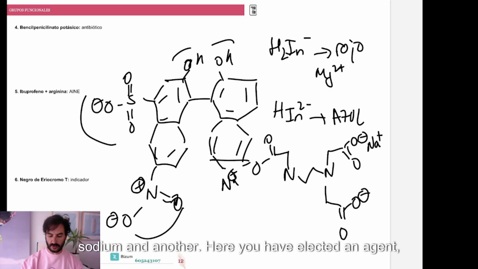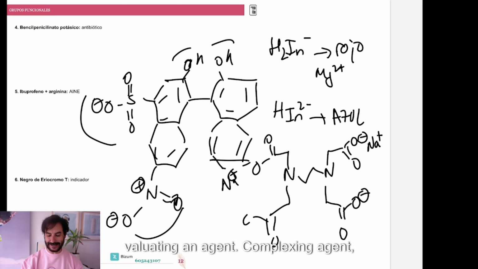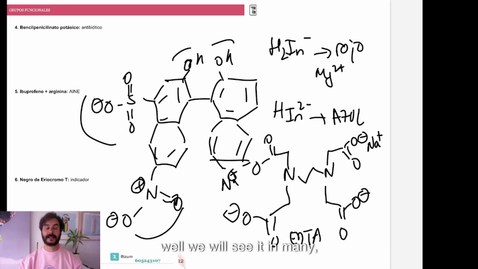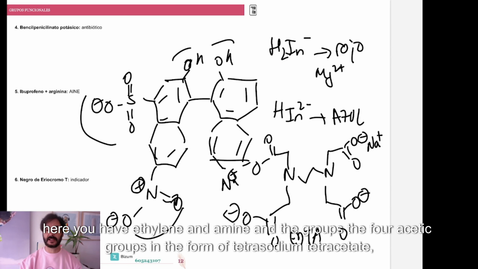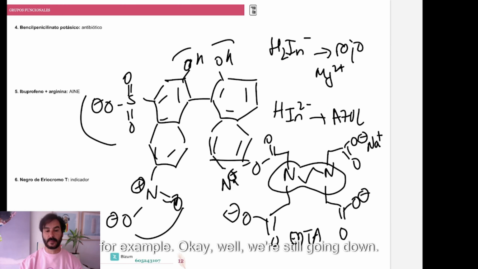Here you have EDTA, a complexing agent, chelating agent. Well, we will see it in many places because it is very useful. For example, tetraacetic. Here you have ethylene and amine, and the four acetic groups in the form of tetrasodium tetraacetate, for example.